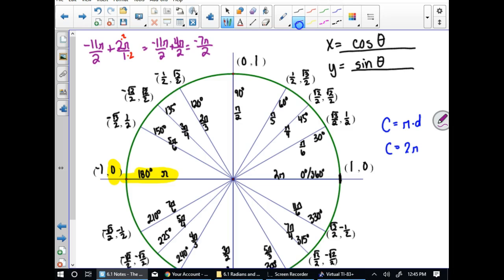Still not on my unit circle. So I could add 4 pi over 2 again. That gives me negative 3 pi over 2. I might could figure it out now if I wanted, but I could just add 4 pi over 2 again, and I get pi over 2. Right? And so negative 11 pi over 2 is equivalent to pi over 2. And so then I could just look on my unit circle right here at pi over 2. What was it, sine or cosine? Cosine, which is my x value, so I get 0.